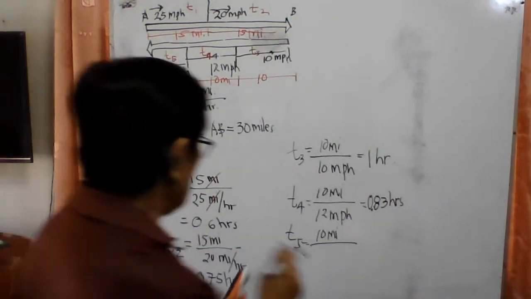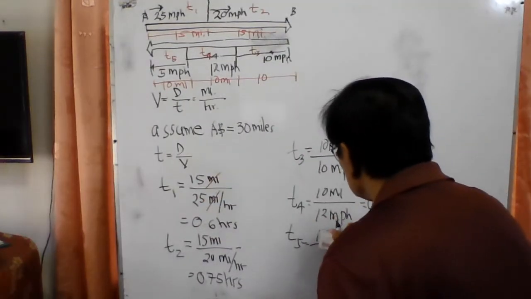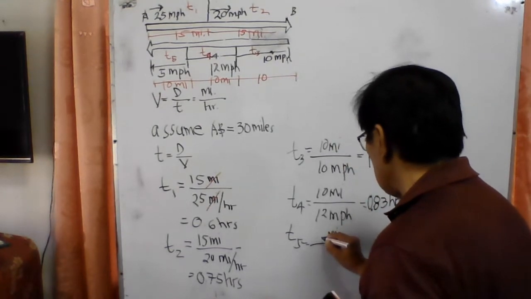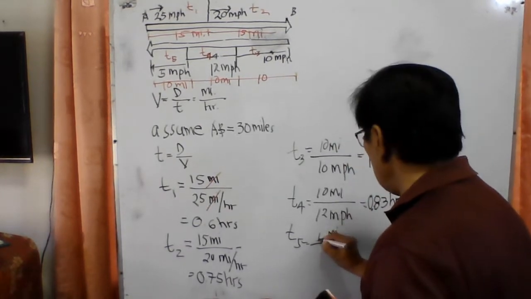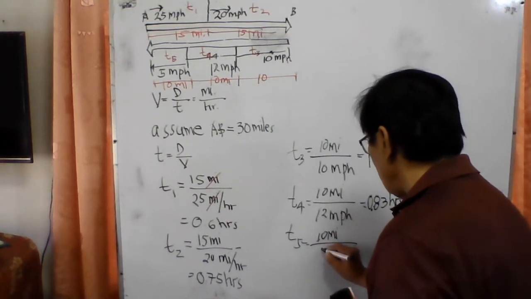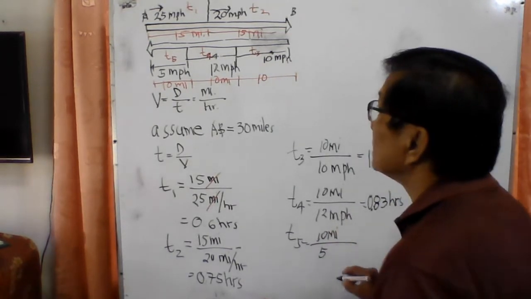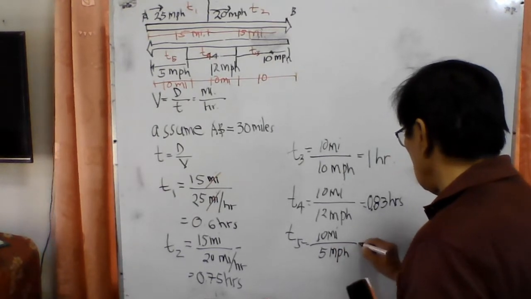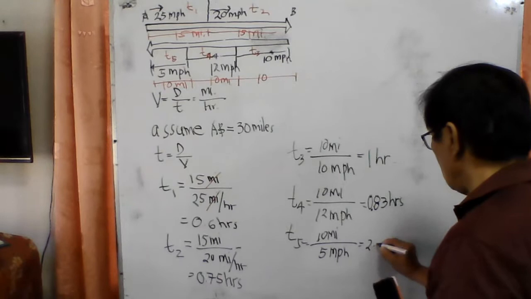So 10 miles over 5 miles per hour is 2 hours.